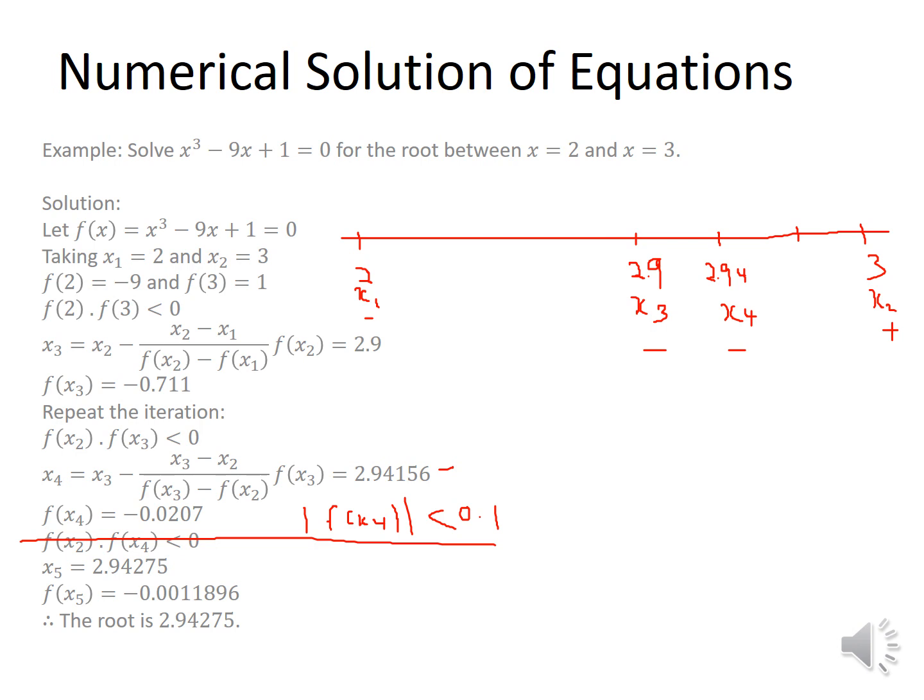The value here, when I round up, I will have 2.943. And this is x5. And the value here is negative, and the value is small enough, 0.001.